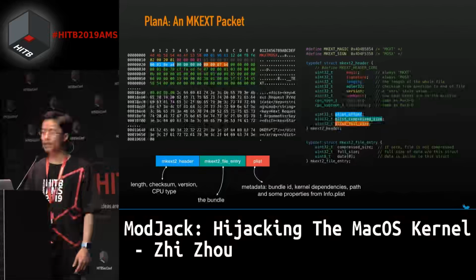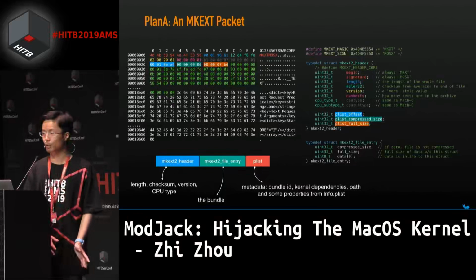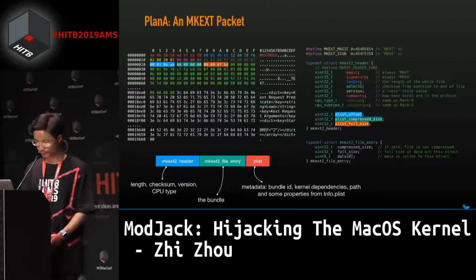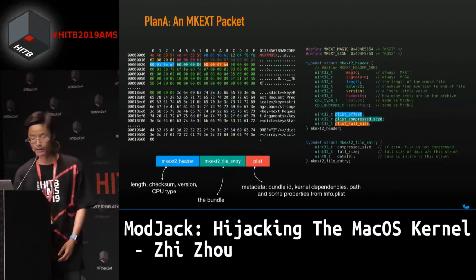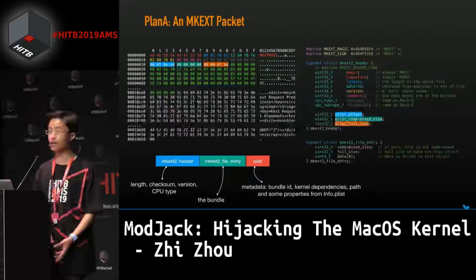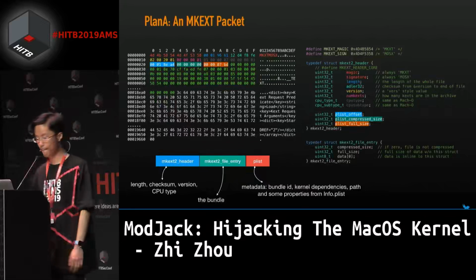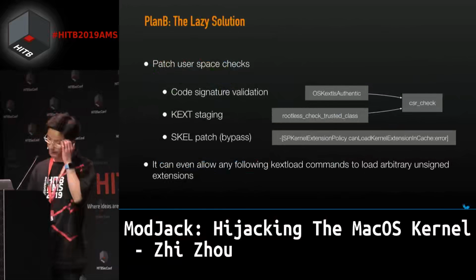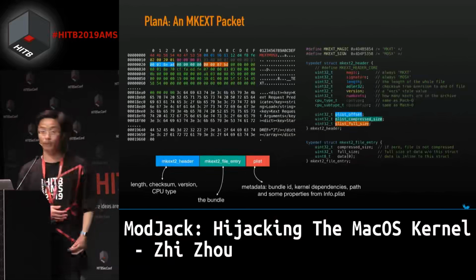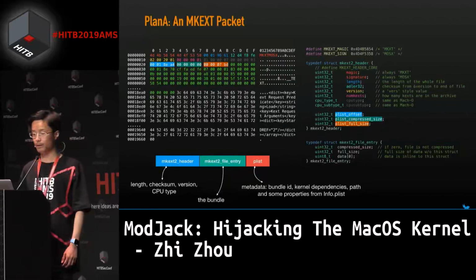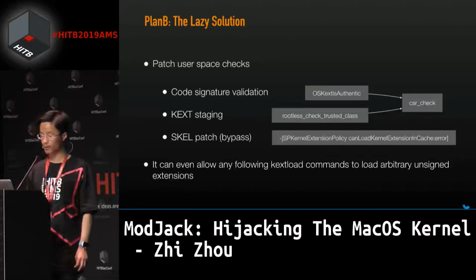In one MKEXT packet, it can have multiple bundles, and by the end there is a plist, which is the metadata of the kext, like the bundle ID, the kernel dependencies, and some property list. But you can see this format is pretty complicated, so I prefer plan B, the lazy solution.